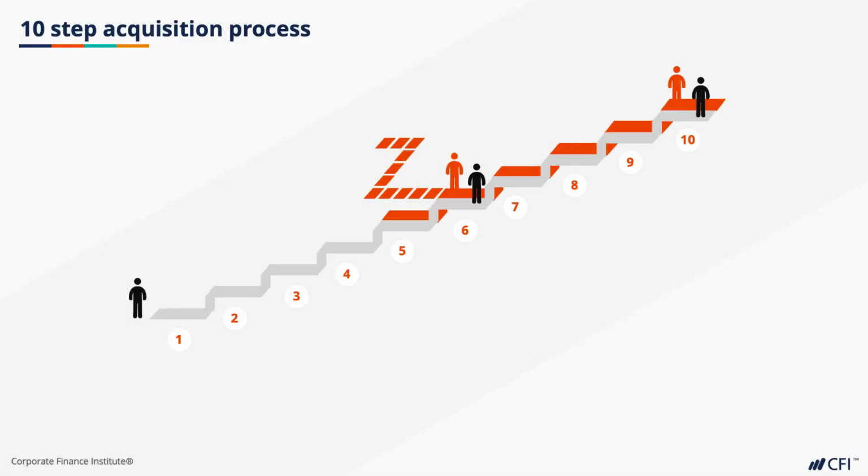Let's look at the steps that a corporate development team at a company that's looking to make an acquisition would go through. They would start by having a very clear acquisition strategy that ties to the company's overall strategic plan. From there, the company can set criteria that they want to use to look for certain types of companies.